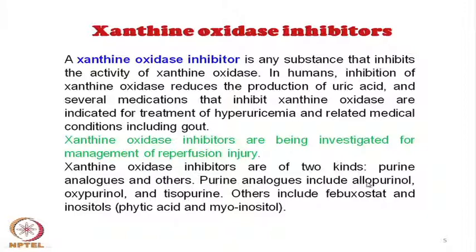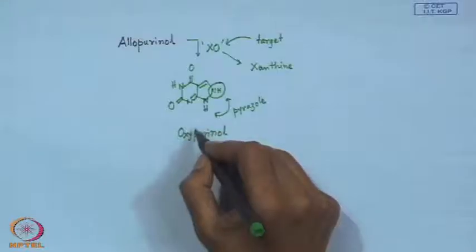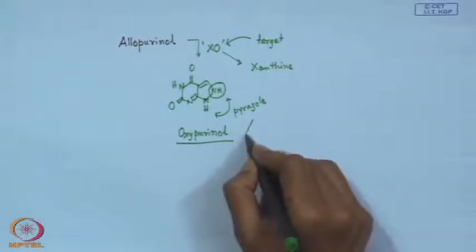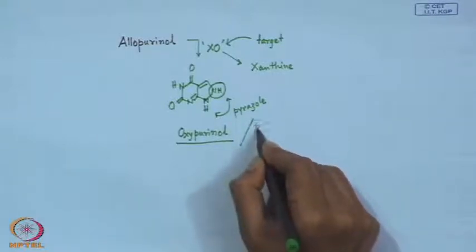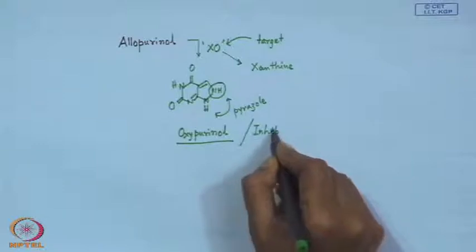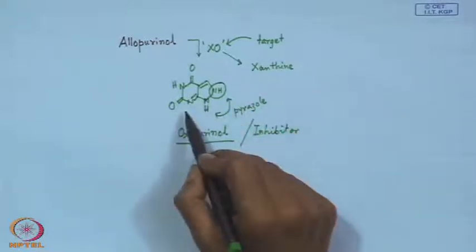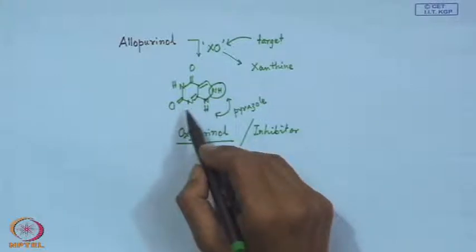So, one such analog of purine, which is our substrate, is allopurinol. Then what is formed from allopurinol, as we have just seen, is oxypurinol. This oxypurinol can also function as an inhibitor again, because it also has several nitrogen donor groups.